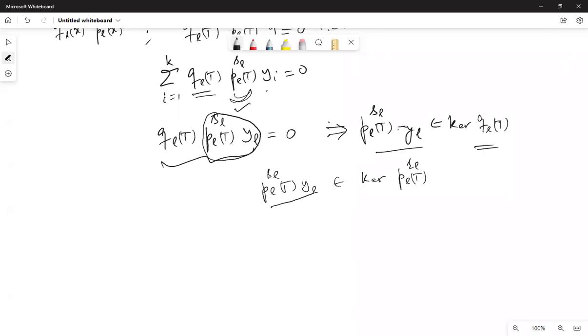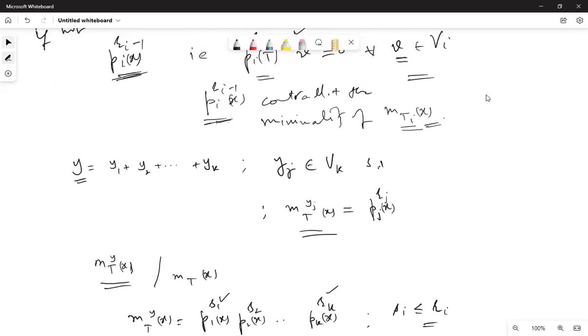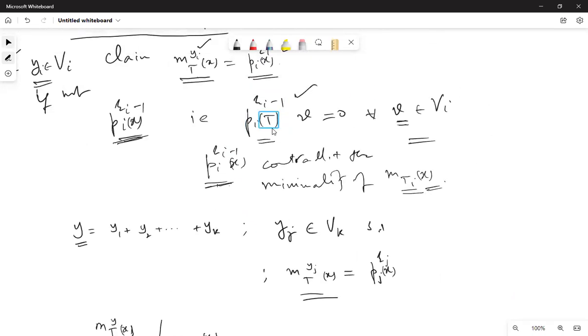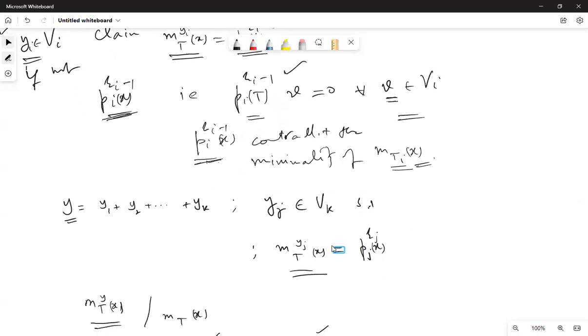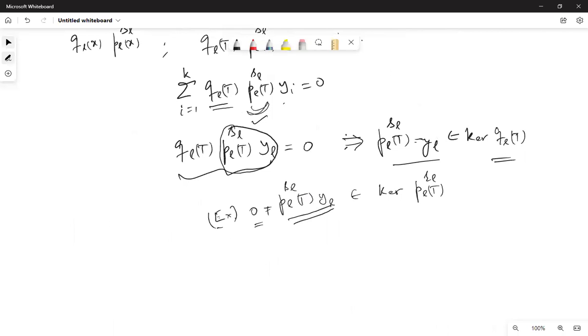You must be aware that this is a non-zero vector. Why? You check that this is an exercise. These yi's are chosen as per their annihilator being exactly pjx raised to the power rj. They would be only killed by them, not by less power. So SL is something taken to be less, right?